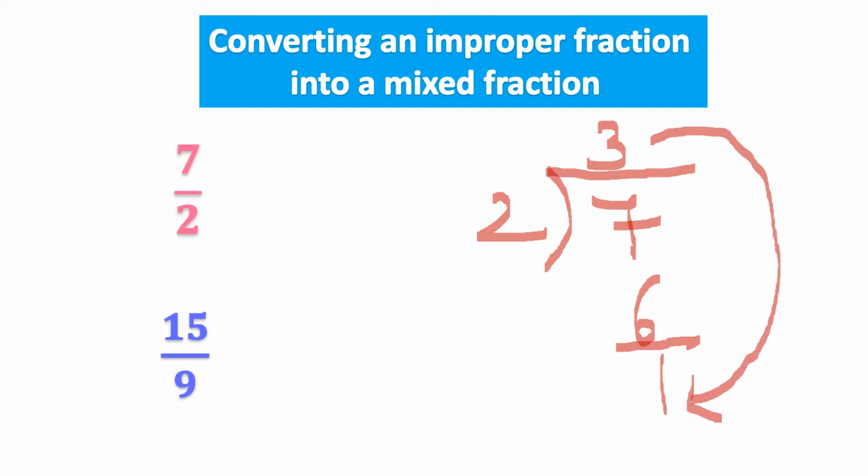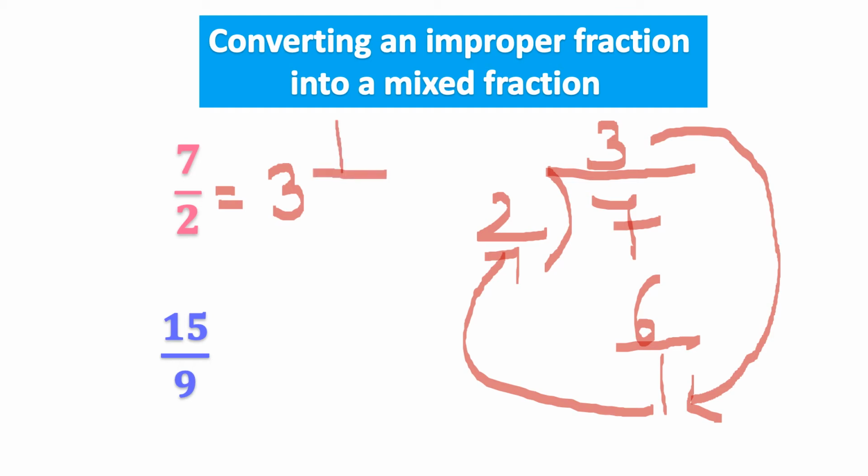Now when I stop my division, I have to go in this direction. First I take 3, then I take 1, then I take 2. 3 I'll write first. 3 is my whole number, okay? Then I write 1. So can you see in which direction am I going? 3, 1 by 2.